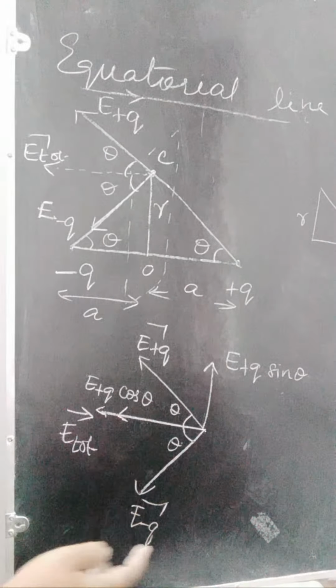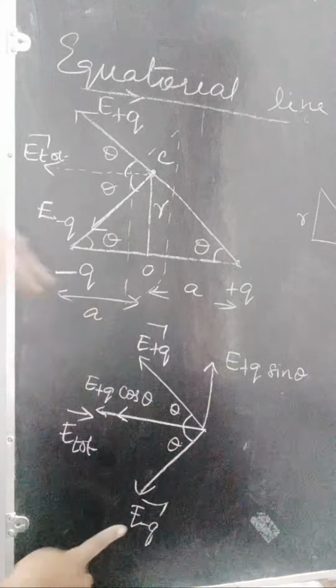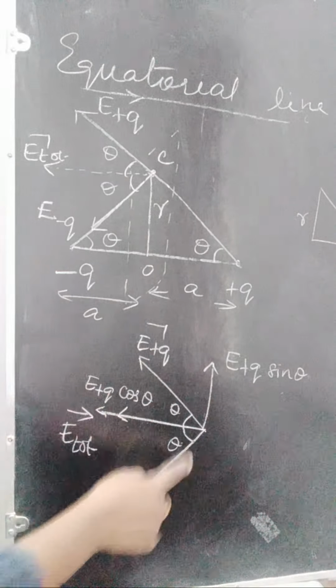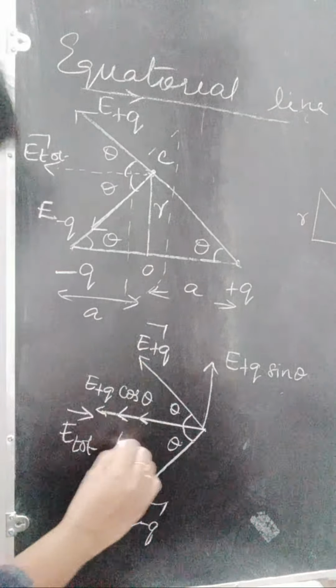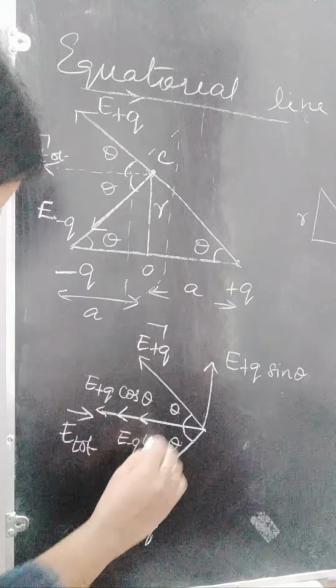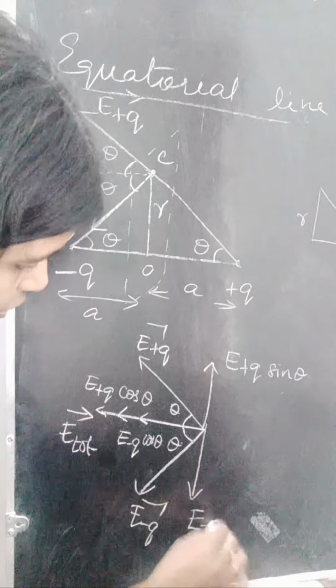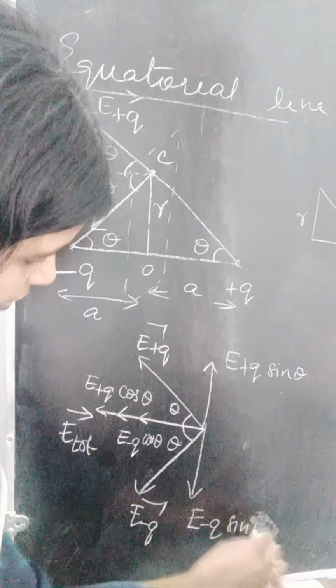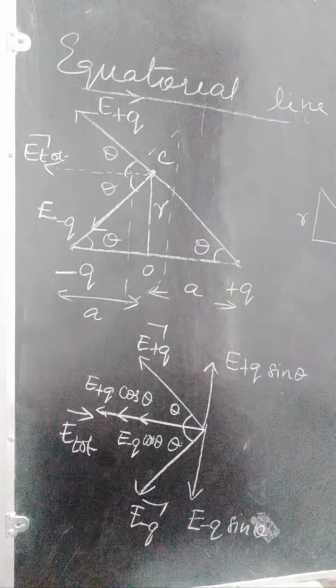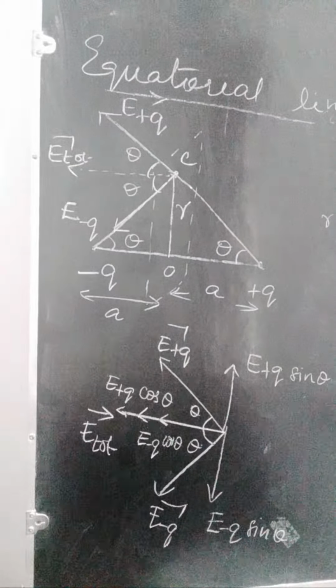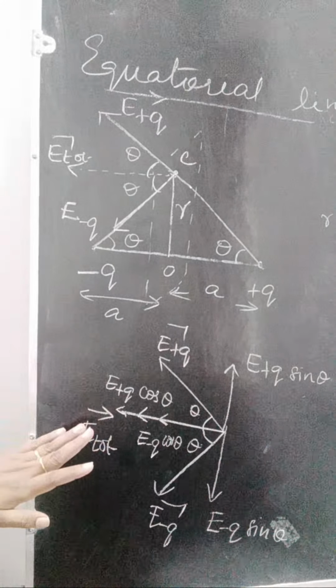What about this one? Now forget the E plus Q vector. For the E minus Q vector, along theta which component should we take? E minus Q cos theta. Perpendicular, E minus Q sin theta. I repeat again, just wait. I am taking the vector values and I want to find the resultant vector.